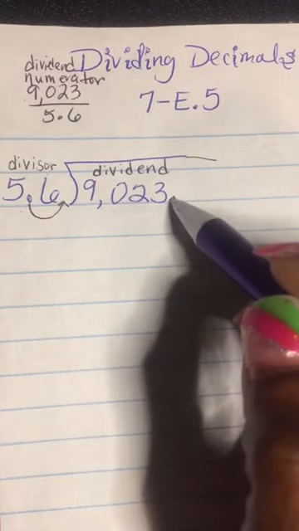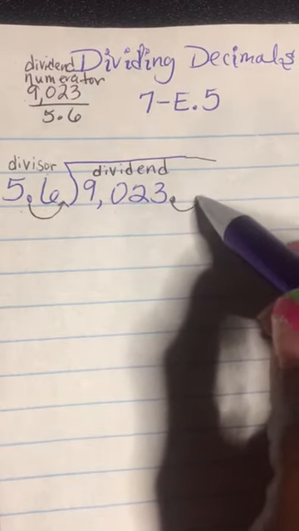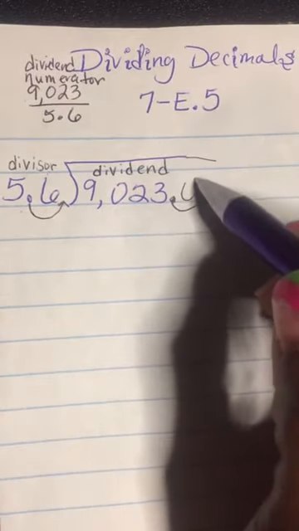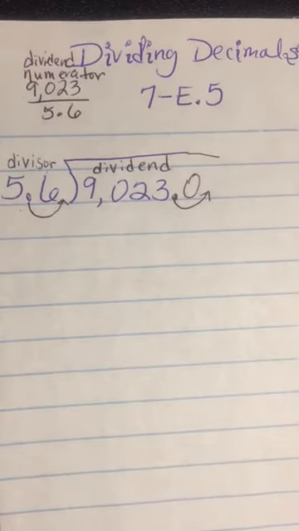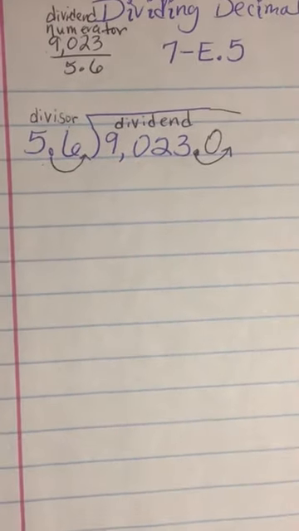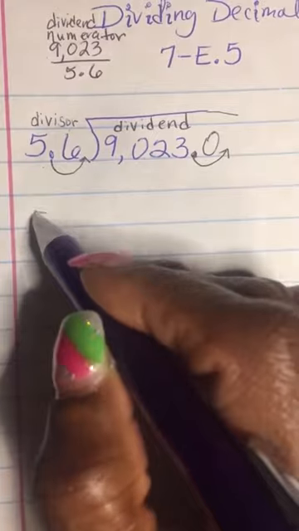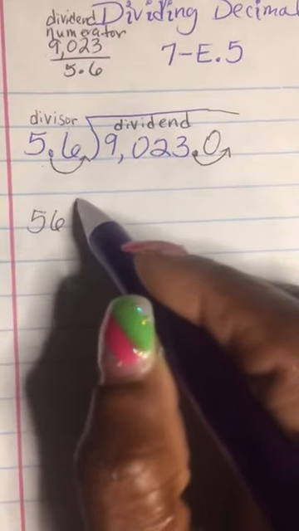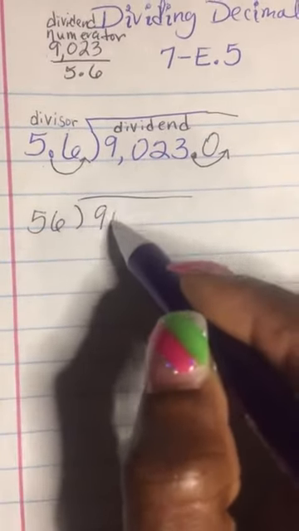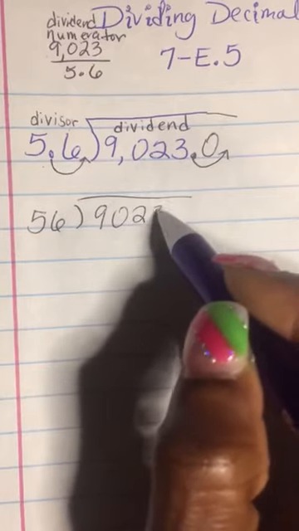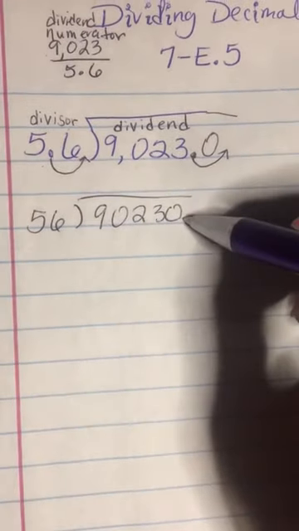So we're going to have to move this imaginary decimal over one space here and fill in this space with a 0. So the number that we're actually dividing is 56 divided by 90230 dot.